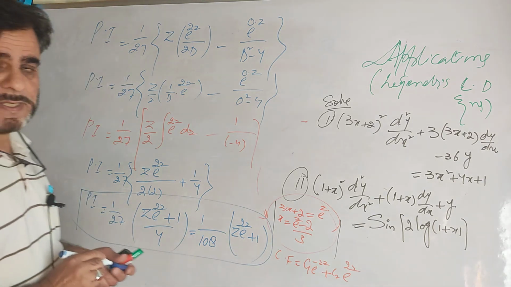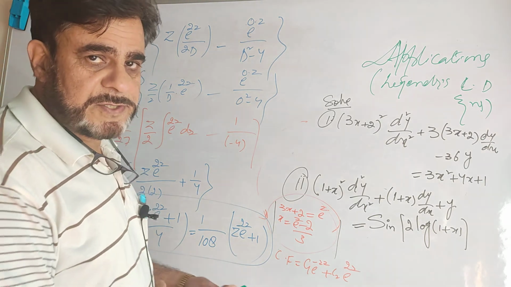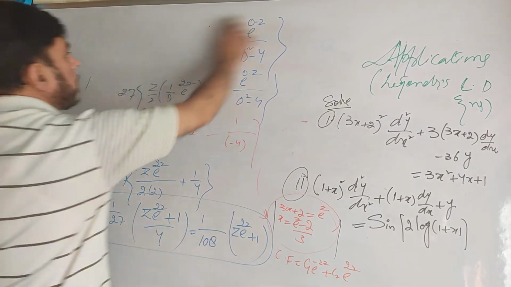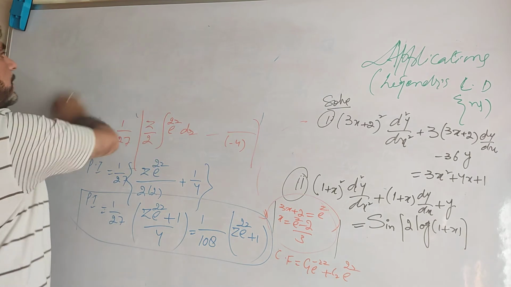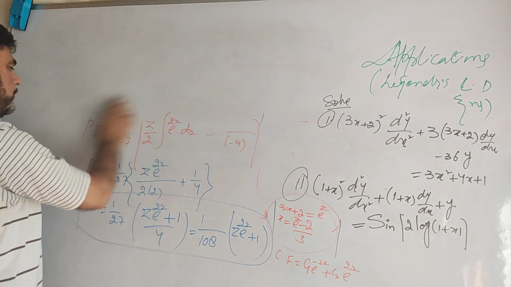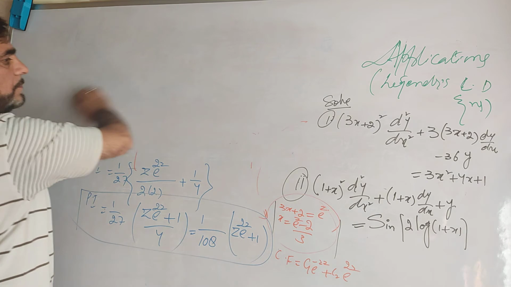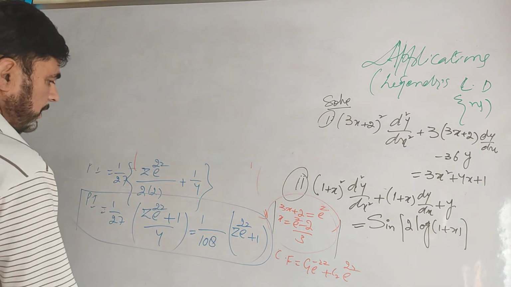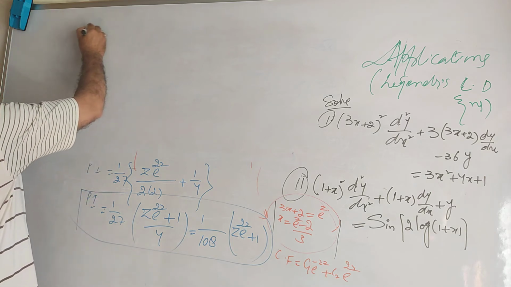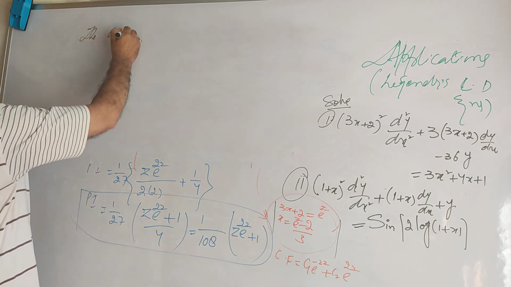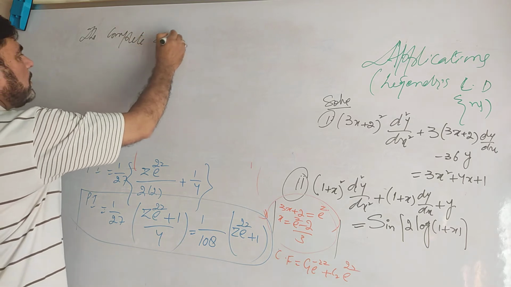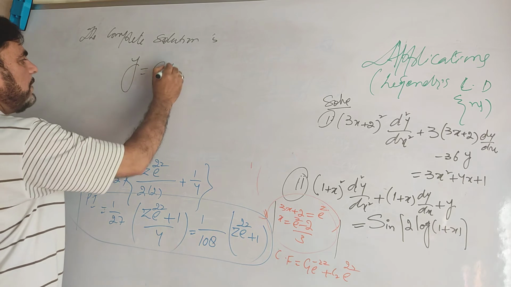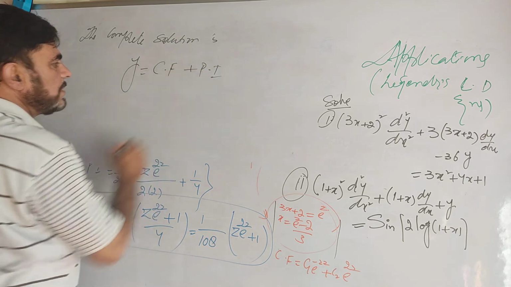You have found the particular integral also in this case. What is the complete solution? The complete solution is y equal to complementary function plus particular integral.